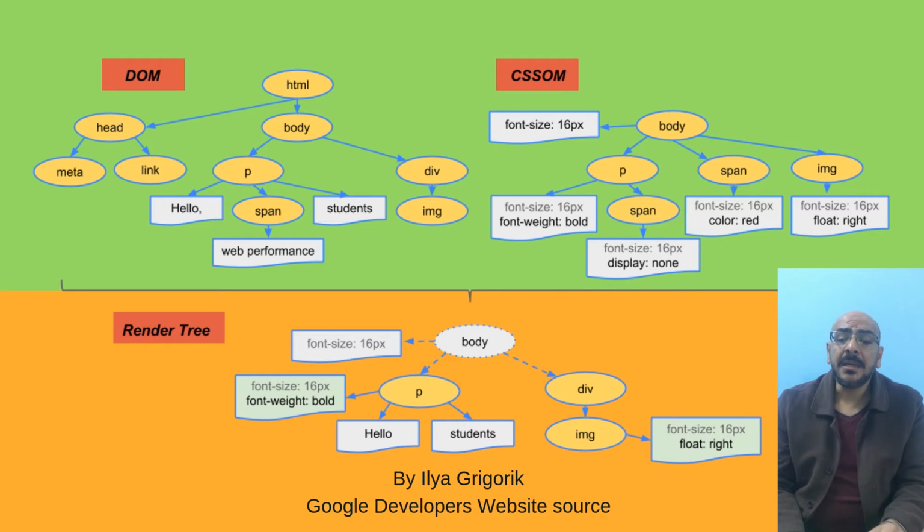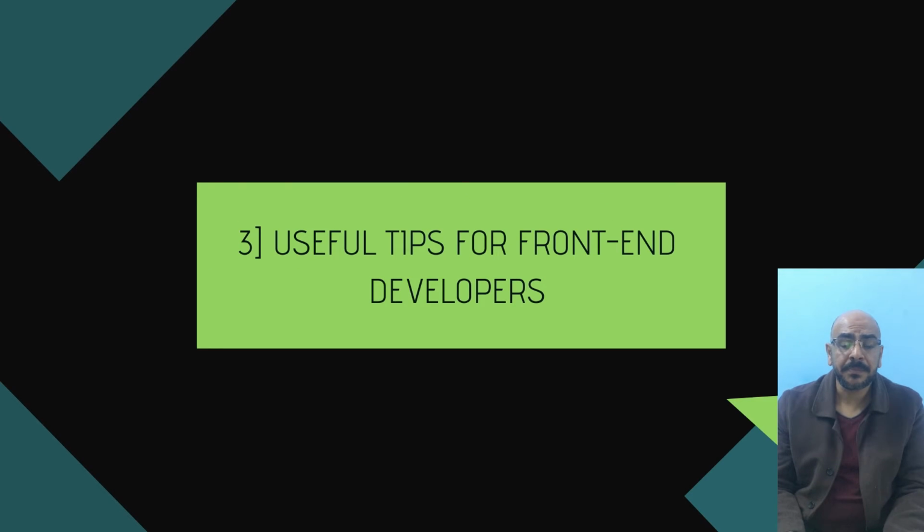Similar to the DOM tree is the CSSOM tree, but for element attributes like color, size, etc. Don't be worried if you have any queries, because this will be discussed in detail in your nanodegree program. Now, it's time for some tips for beginner developers.